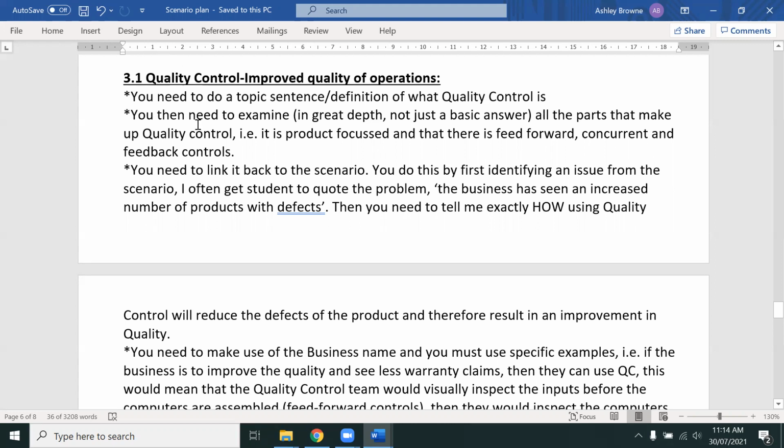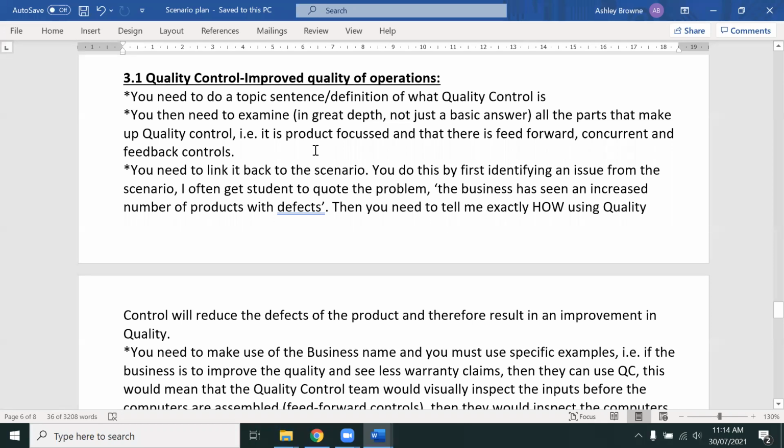So once again, what are we including? You need to do a topic sentence, a definition of what quality control is. You then need to examine in great depth, not just a basic answer, all the parts that make up quality control. Things like that it's product focused. I need to see these terms: feed forward, concurrent, and feedback controls, but not just superficially.